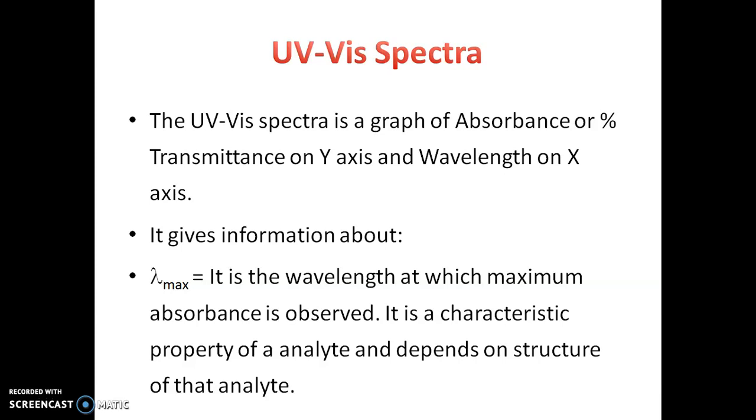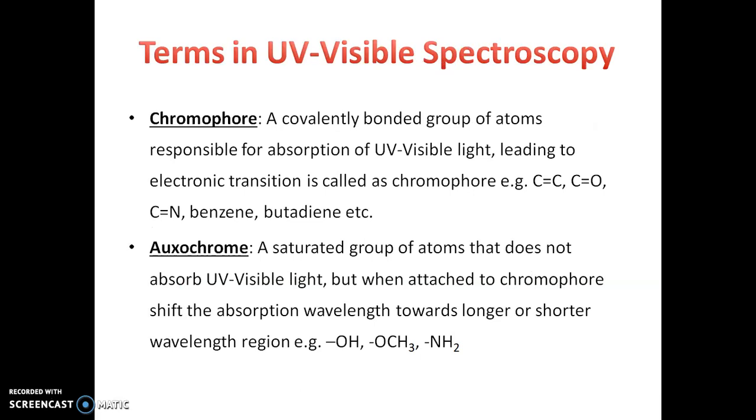It will give us information of lambda max, also called the maximum absorption wavelength, which is a characteristic property of the specific molecule and depends on the structure of the analyte. With that, we will have information about the molar extinction coefficient.